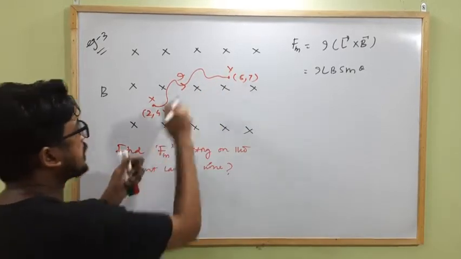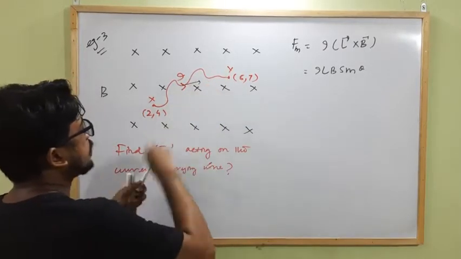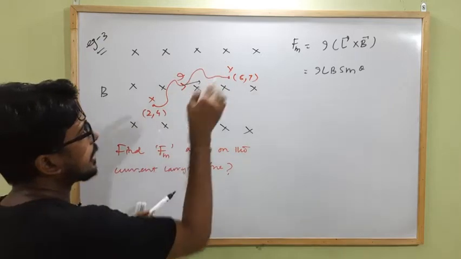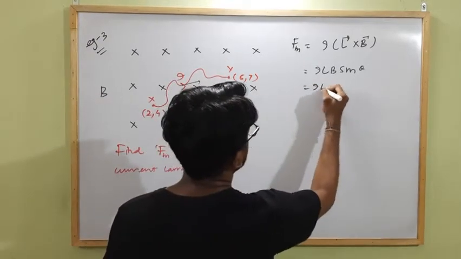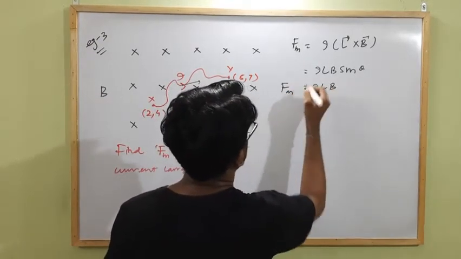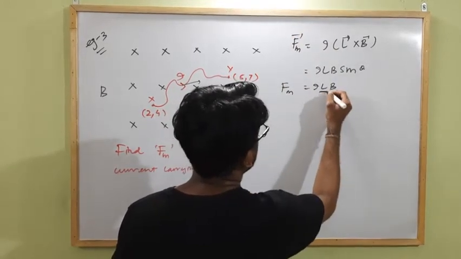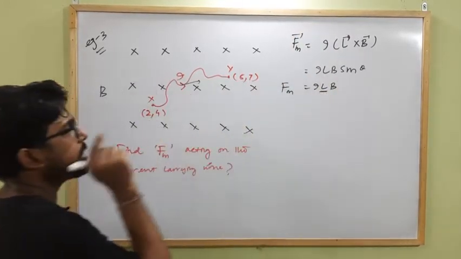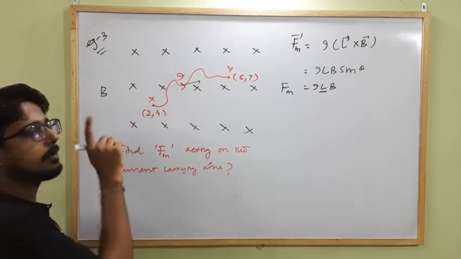Here B is into the plane and L is along the plane. At each point L is tangent to the wire, so L and B are at 90 degrees at every point, and it becomes I L B. And what is L? If the field is uniform, L is the displacement vector between initial and final position.